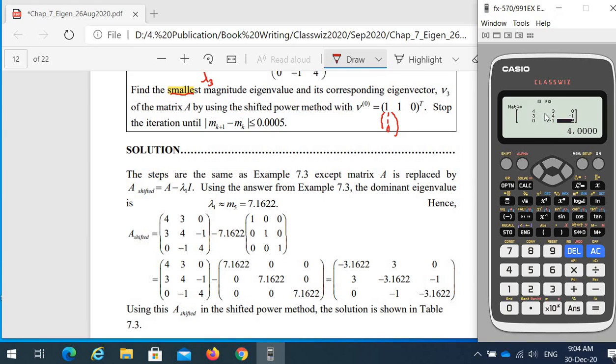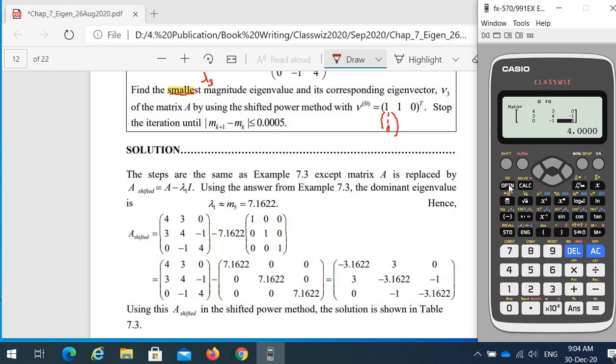Check our matrix A: 4, 3, 0, 3, 4, negative 1, 0, negative 1, and 4. This is matrix A. The lambda 1 we obtained from the previous video is actually 7.1622. So you want to subtract lambda times I.